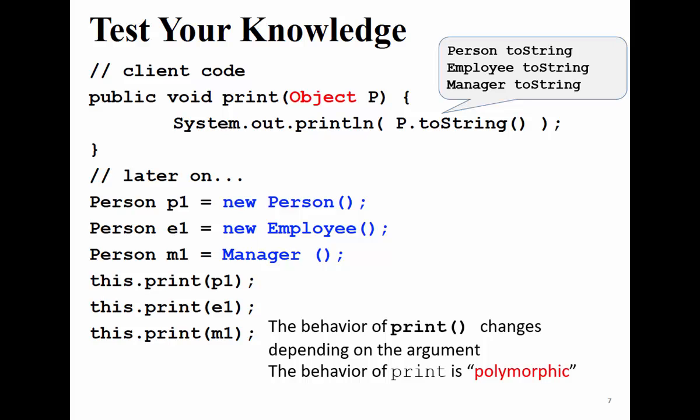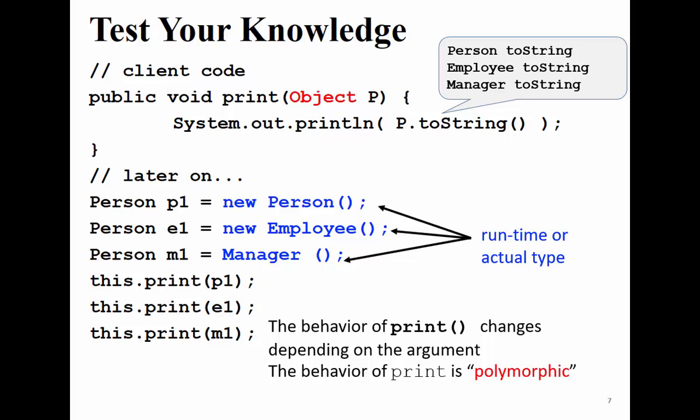Still, we are sending different types, but we are able to recognize and print person.toString, employee.toString, because we create an object from the person and assign it to p1, where p1 has a declaration type of person. Now, p1 has a declaration type of person, so what is the actual type? The actual type for p1 is person. What's the actual type for e1?